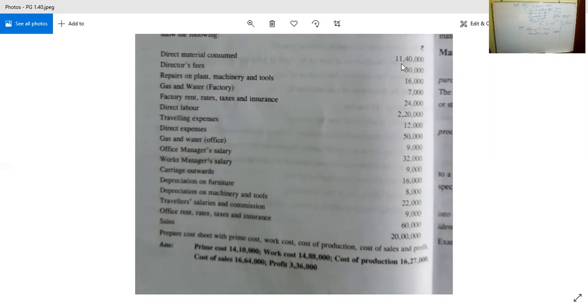Then direct expenses taken, gas and water taken, office manager salary taken, work manager salary taken. Carriage outwards amount is 16,000.